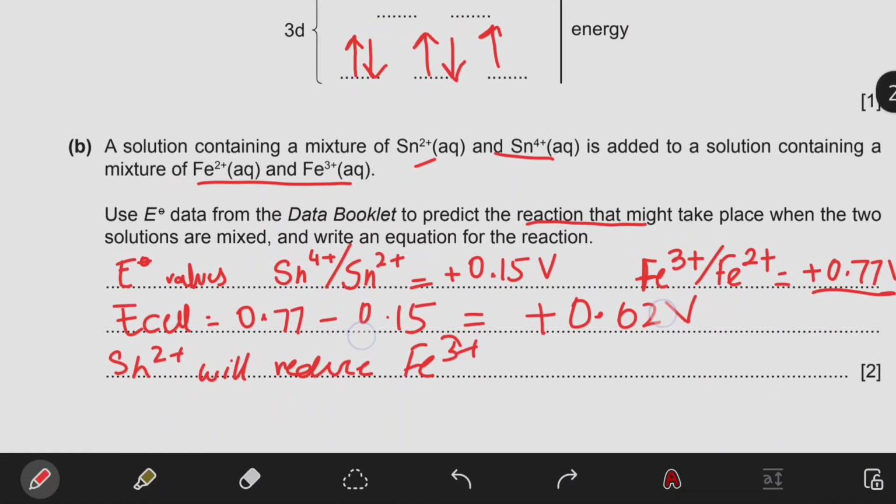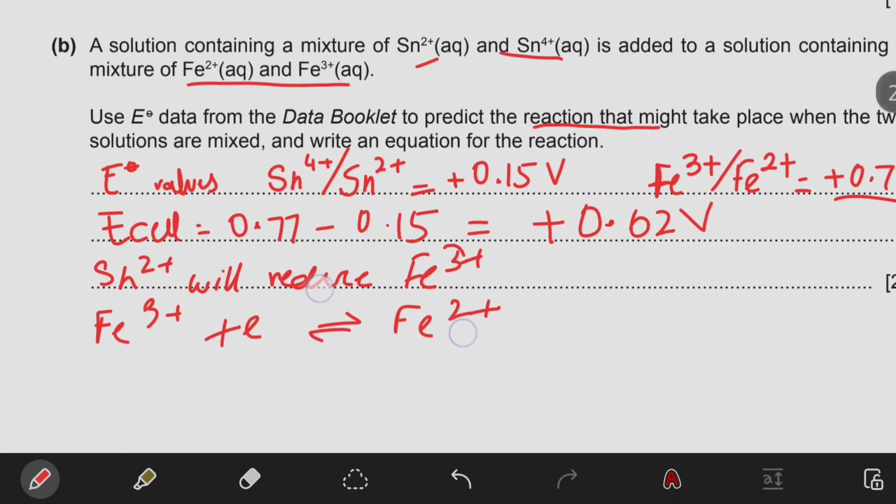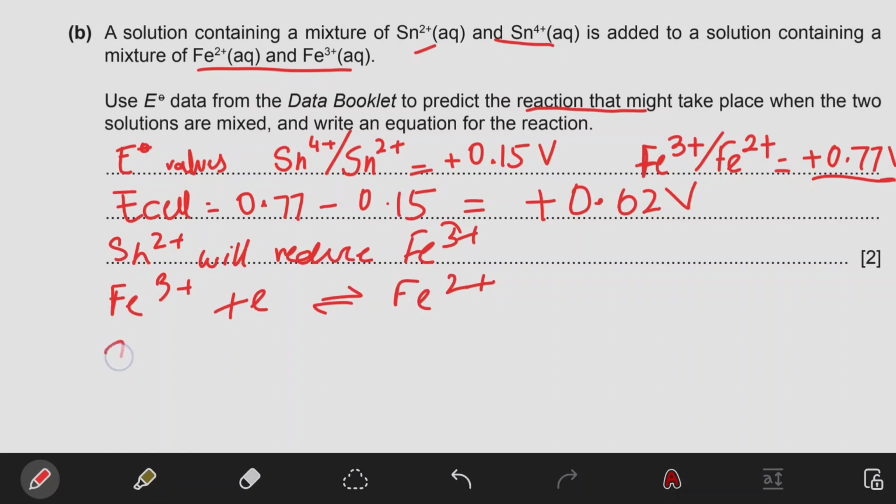And let's write the equation. Forward reaction for iron: Fe3+ plus an electron gives Fe2+. Backward reaction for Sn2+: Sn2+ gives Sn4+ plus 2 electrons.